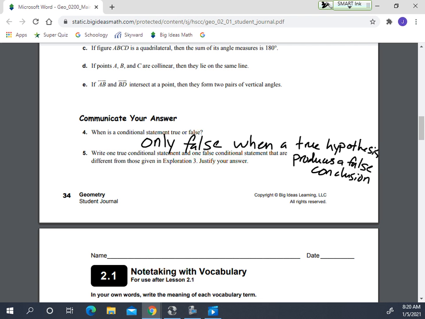That's the only time a conditional statement is false.